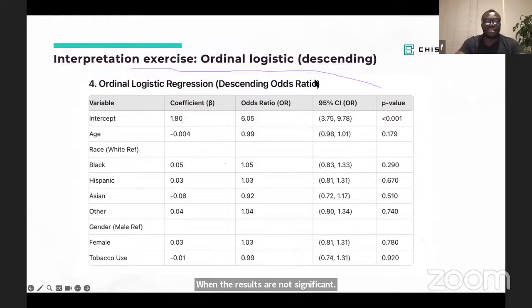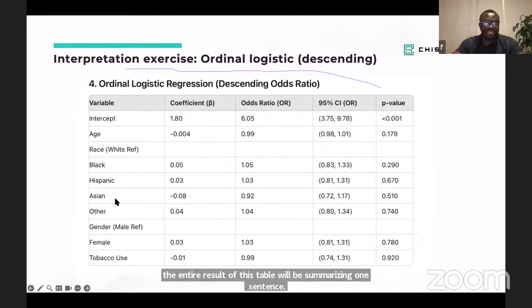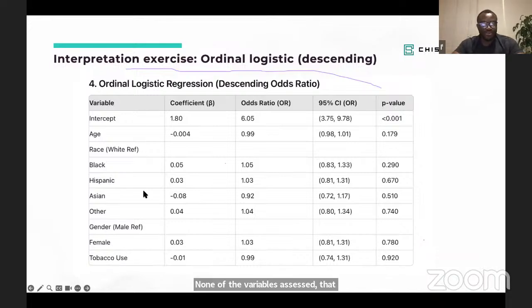The entire result of this table will be summarized in one sentence: none of the variables assessed, that is age, race, gender, and tobacco use, were significantly associated with support for bans on tobacco use, full stop. I will not go into detail with each single row because none of them is significant.